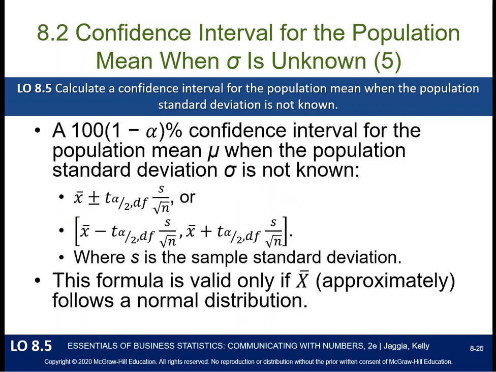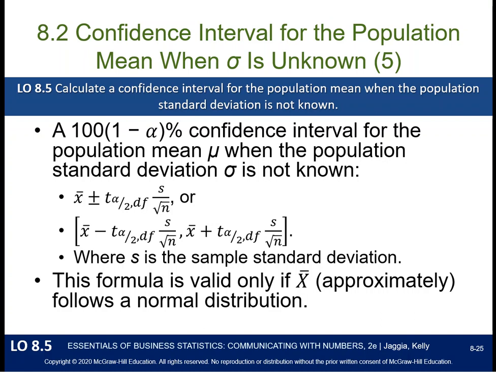We're going to calculate our confidence interval by saying X bar, the sample mean, plus or minus the t-score, so the t-distribution of alpha divided by 2, so we can split the margin of error in both tails, with so many degrees of freedom, multiplied by S, the sample standard deviation, divided by the square root of N. So again, very similar formula, except we're plugging in the t-distribution instead of the z-score, and we're using the sample standard deviation instead of sigma, the population standard deviation.